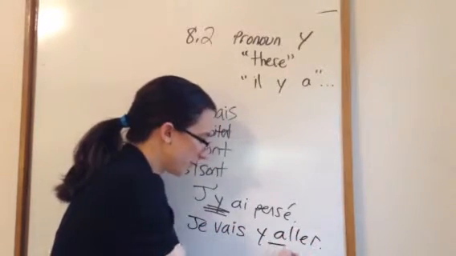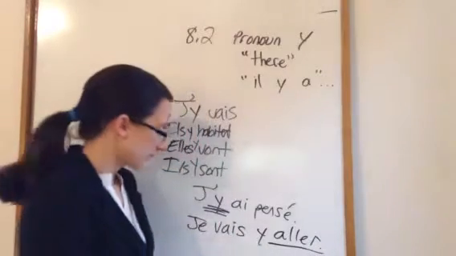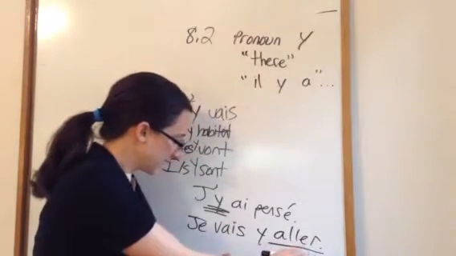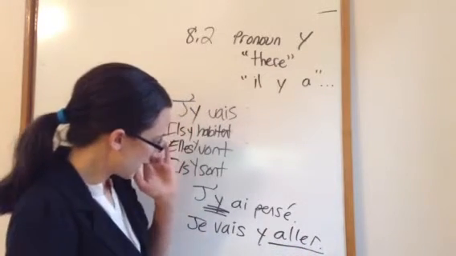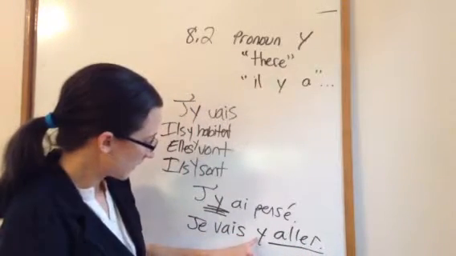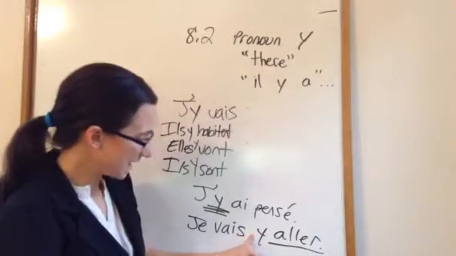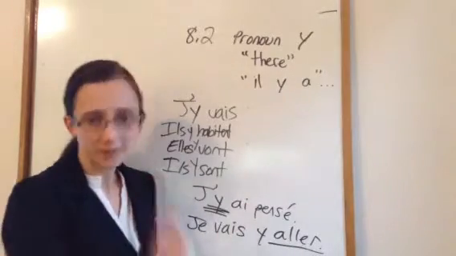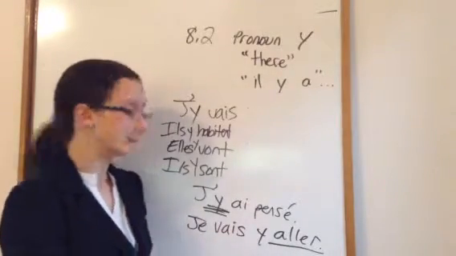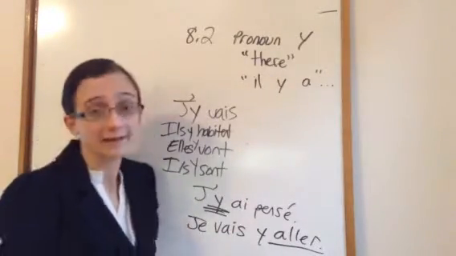We put it before that infinitive verb if we have our future proche. Again, the y goes before our infinitive verb. That's the same as our direct object pronouns and indirect object pronouns. It's working the same way.